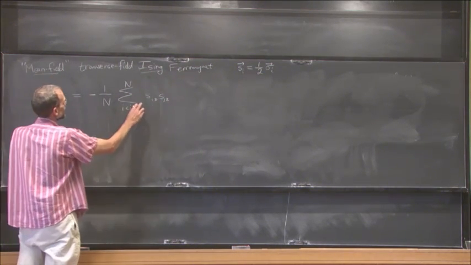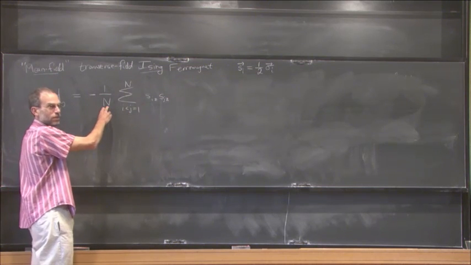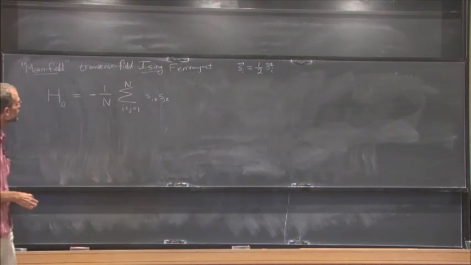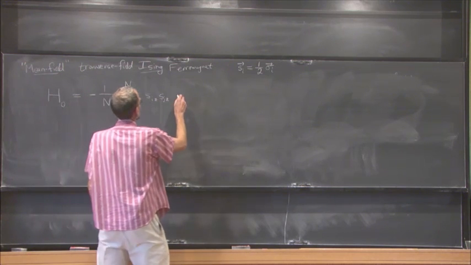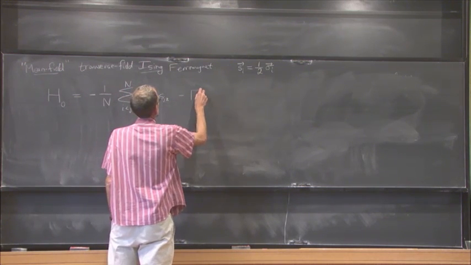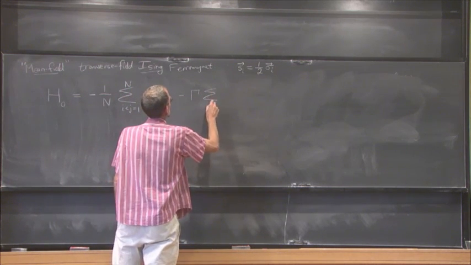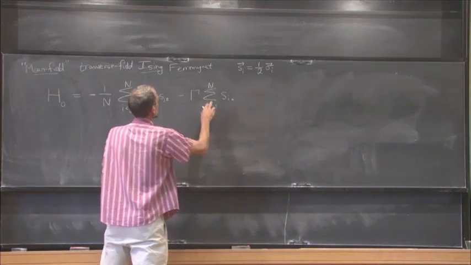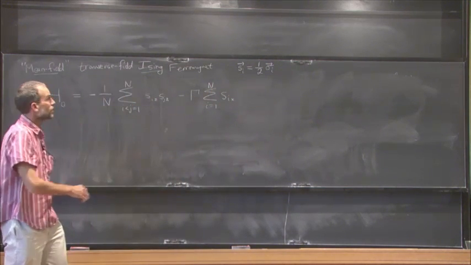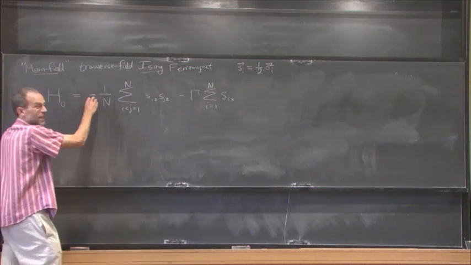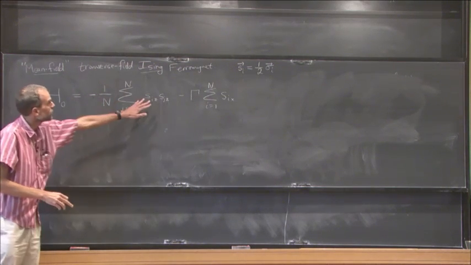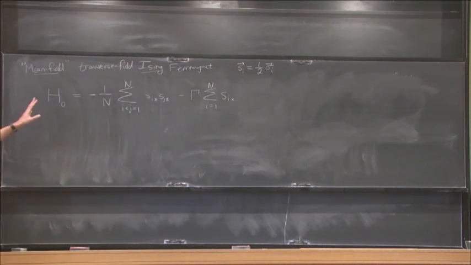Mean field: everybody's coupled to everybody, and we've normalized the interaction by 1 over N, so there's a proper thermodynamic limit. Then we add the transverse field, minus gamma, sum i equals 1 to N, s_i^x. That's the transverse field. The ferromagnet is the minus sign here, so at lowest energy the spins are aligned. Very simple model.